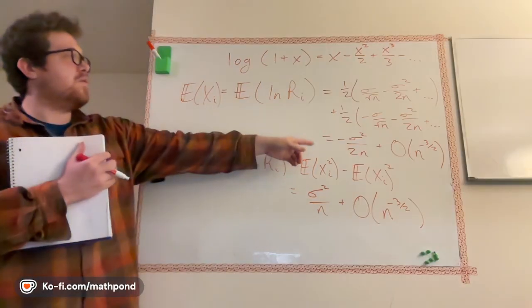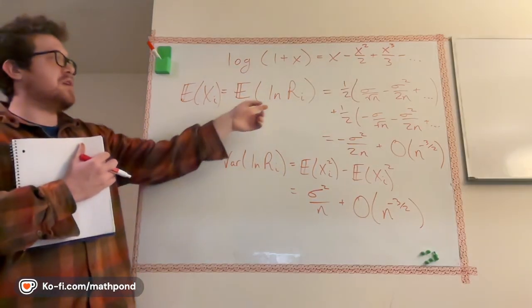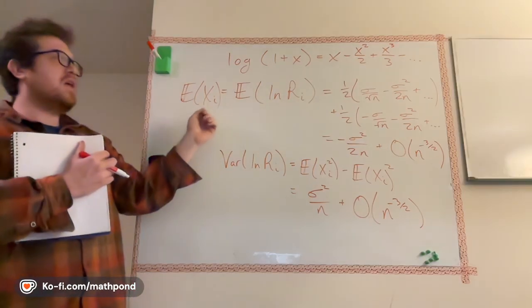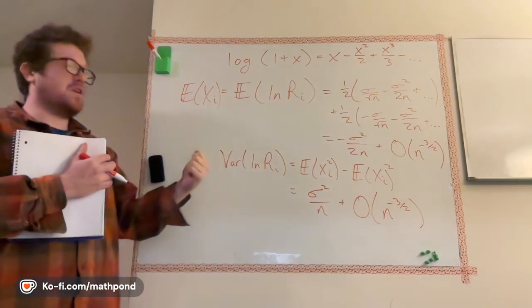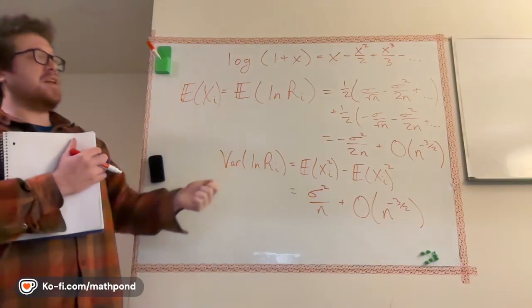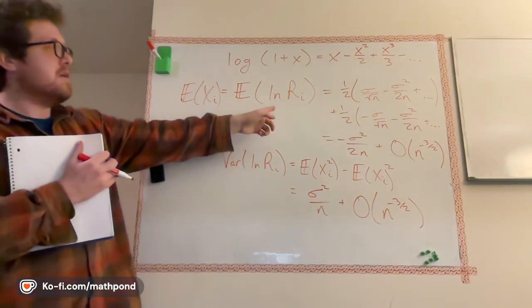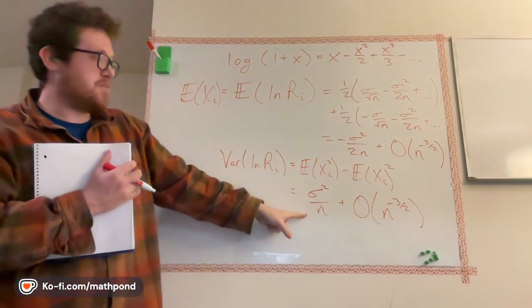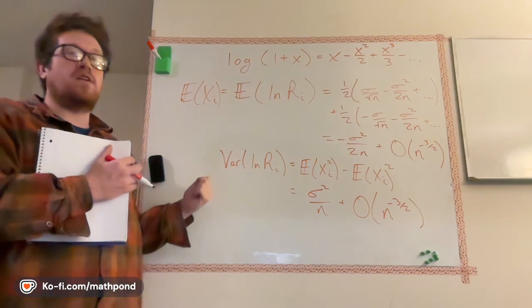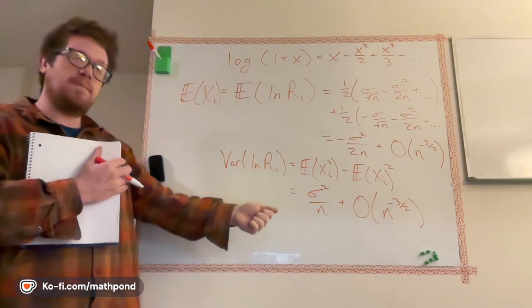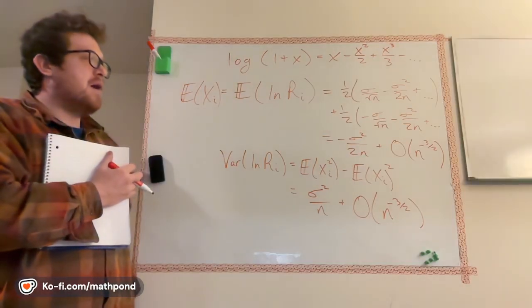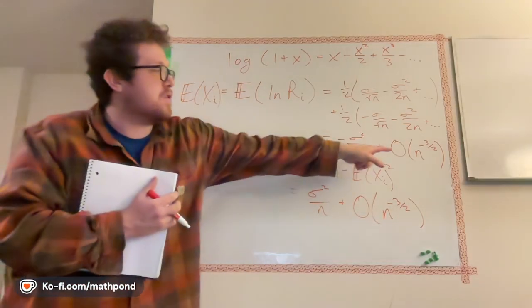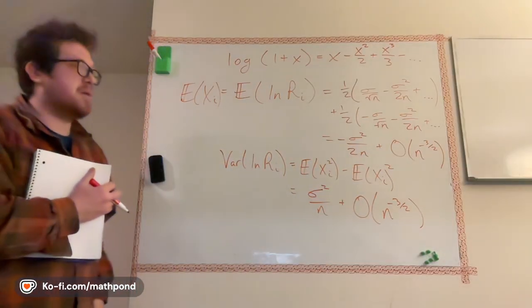This is the expected value and the variance for each xi variable. Our new variable is, we're going to use the central limit theorem, so we're going to add all of these together. Once we add all of them together, we just need to multiply this by n and this by n to get the expected value of the sum and the variance of the sum. And then when we multiply by n, this part still goes to 0, so it doesn't matter.